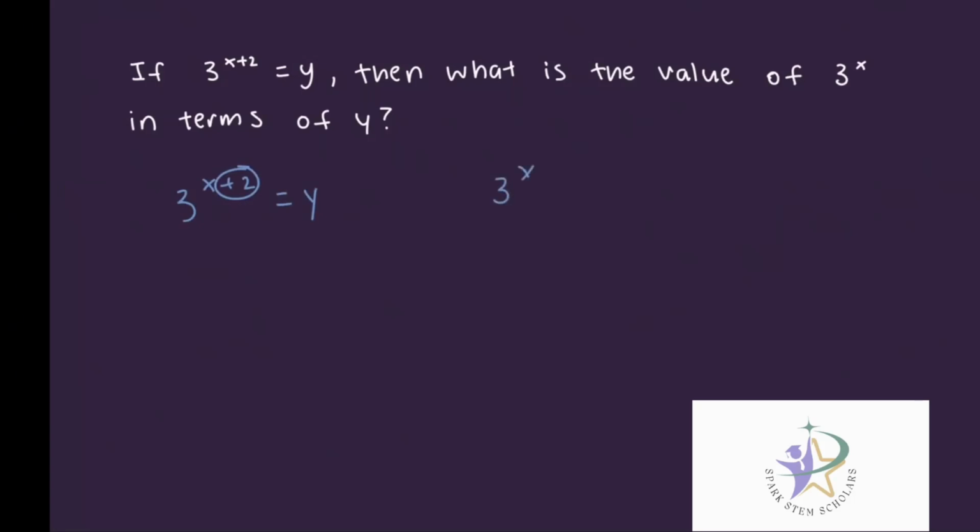So using our law of exponents, we can take the 2 out. So 3 to the x plus 2 is 3 to the x times 3 squared. And all of this is equal to y. And moving the 3 squared to the other side, we divide. So it would be 3 to the x equals y over 3 squared, which is equal to y over 9.